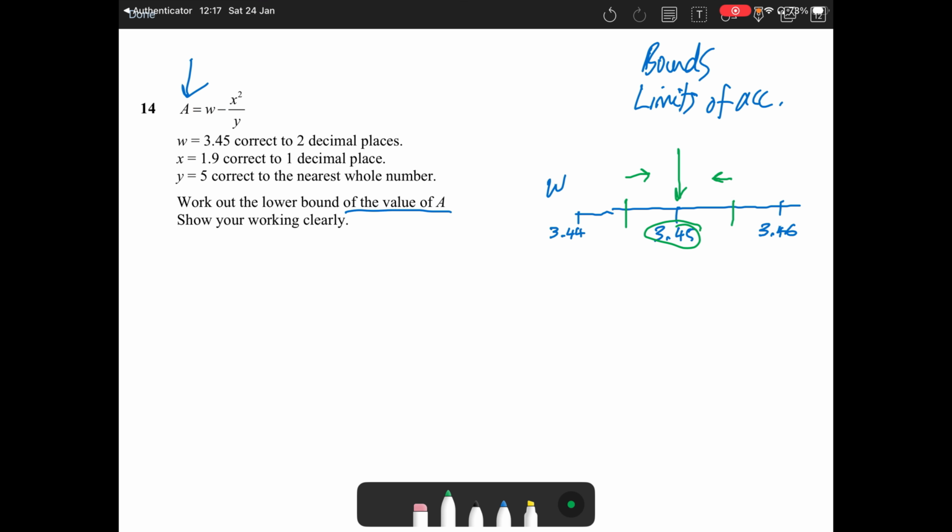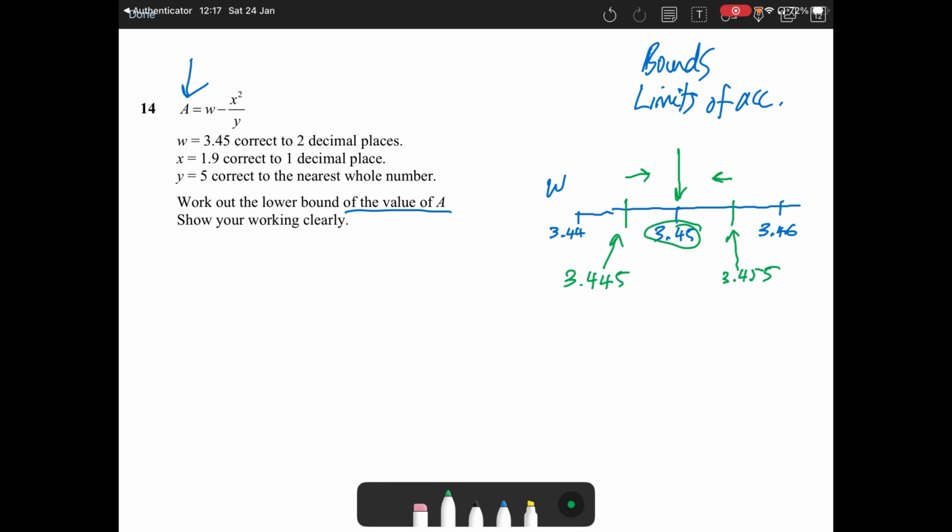This is W we're talking about. So the number halfway between 3.44 and 3.45 is 3.445. And the number on the right is 3.455. Okay. Those are my limits of accuracy. Oh, sorry, my bounds, beg your pardon.